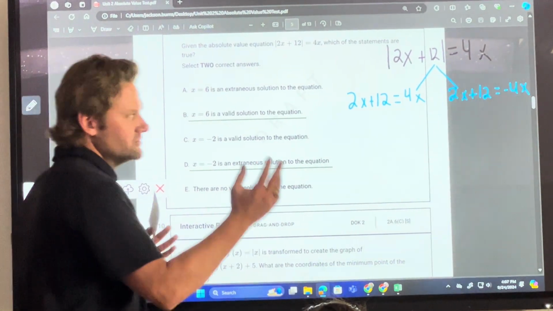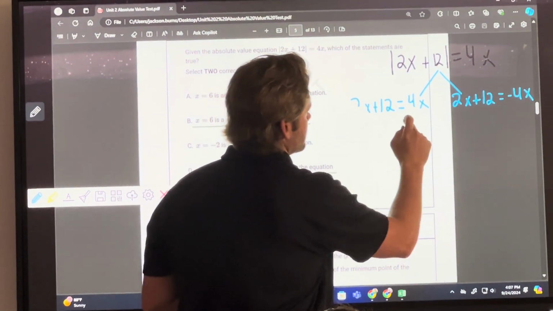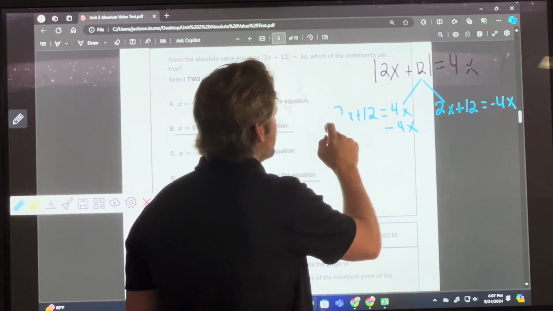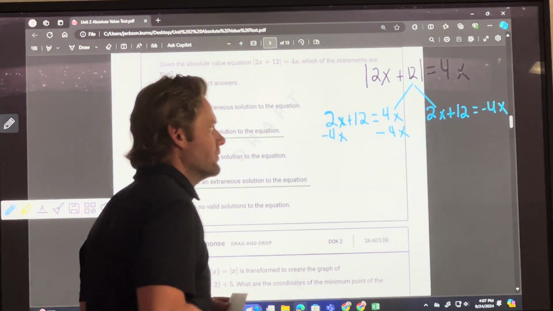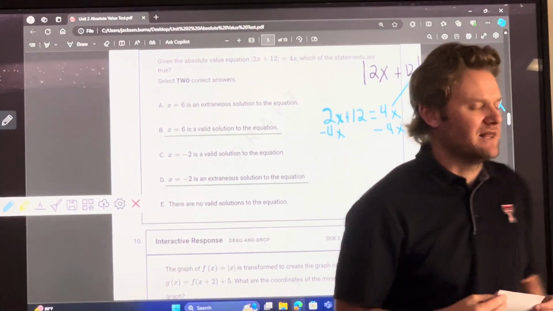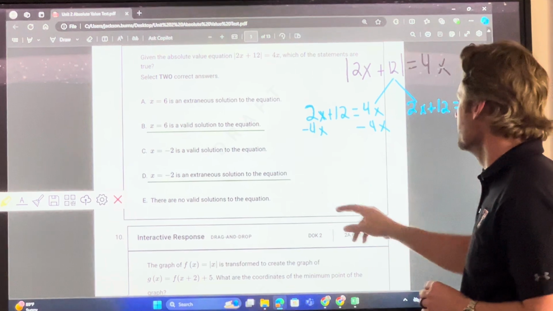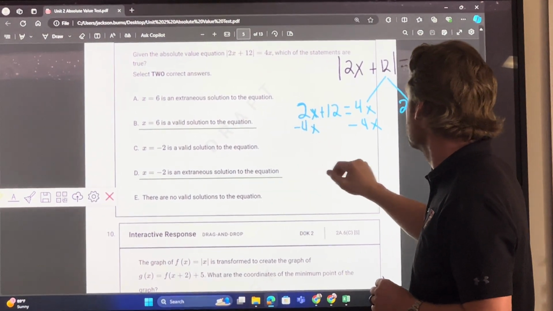Again, you just solve it like any equation. Get all your x's together. If you like to keep your x's positive, that'll work as well. Sometimes I just like to keep all my x's on my left, so I'm going to put them over here. Minus our 4x, both sides.